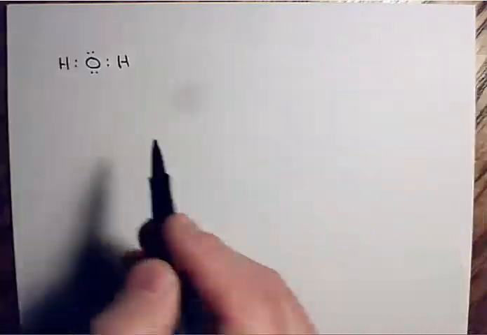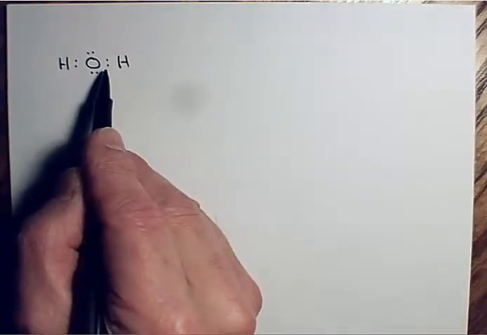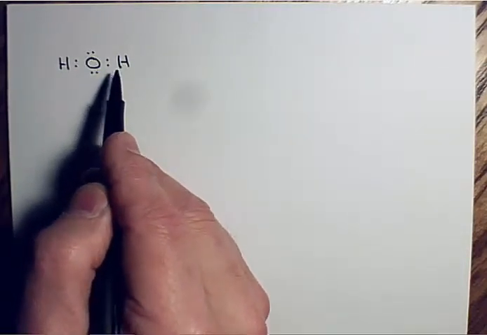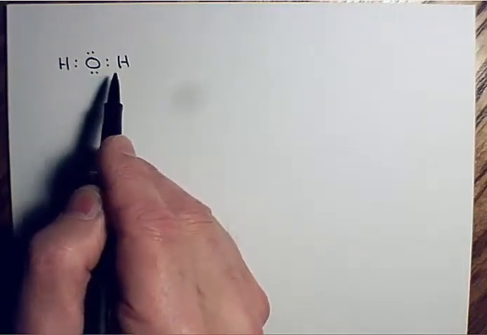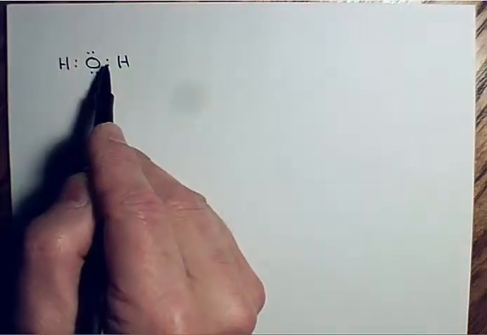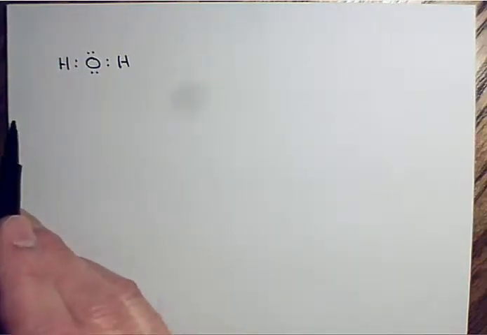Okay? So oxygen is pulling on these electrons more strenuously, with more force than the hydrogen is. So when this hydrogen gets shaken off, the oxygen holds on to the extra electron, the one that came with the hydrogen to start with.